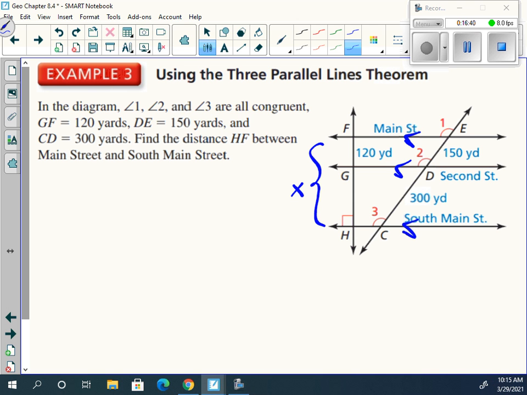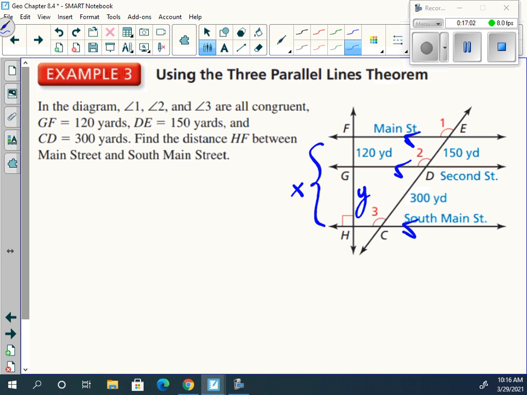So what we want to find in the end is this overall distance. So we know part of it, we just need to find GH. Because if I can find GH, then we can add it to the 120 to get the overall distance, yes?